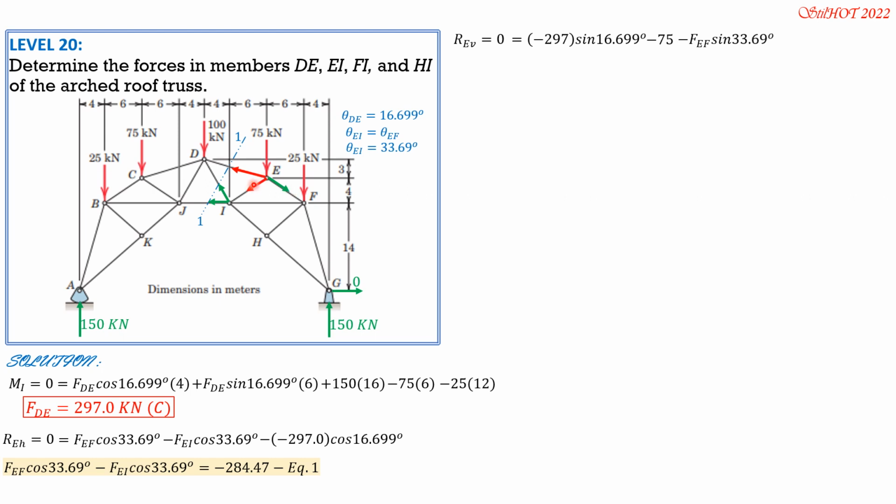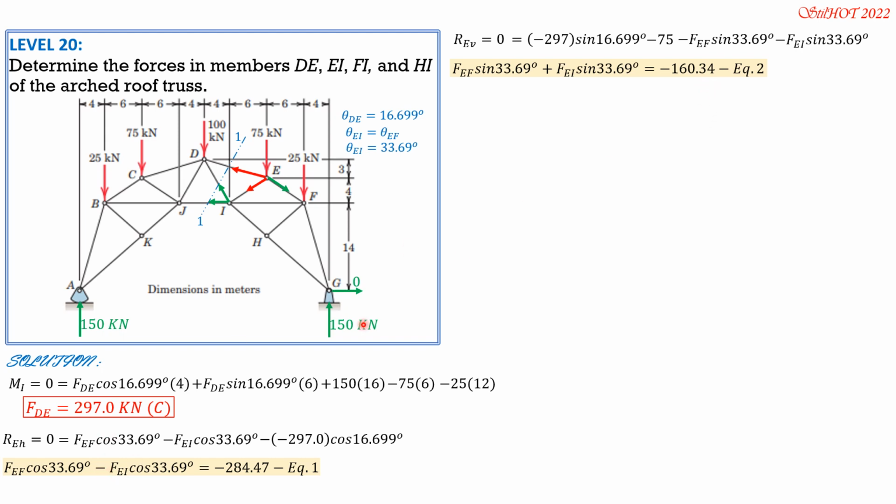Then FEI is also downward, so minus FEI sine of 33.69 degrees. So transposing these two to the left, we have FEF sine 33.69 plus FEI sine of 33.69 equals negative 297 sine 16.699 minus 75, and that is negative 160.34, equation 2.